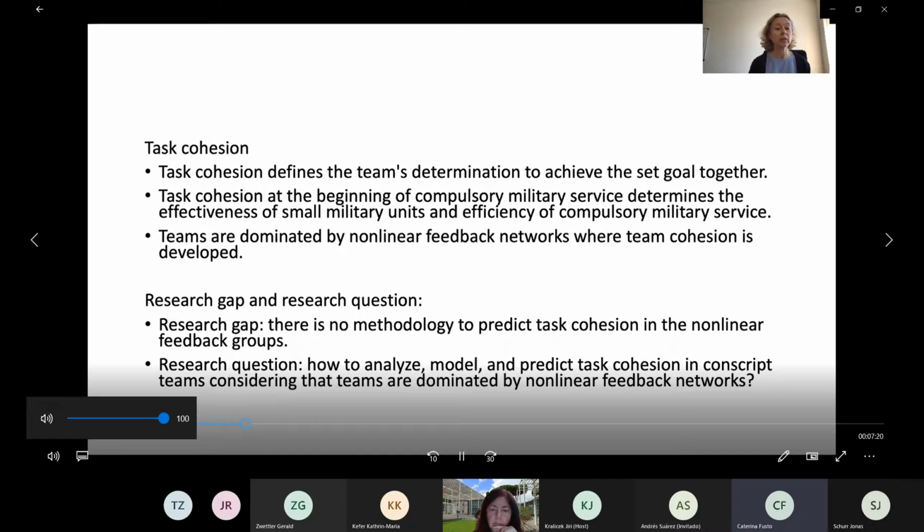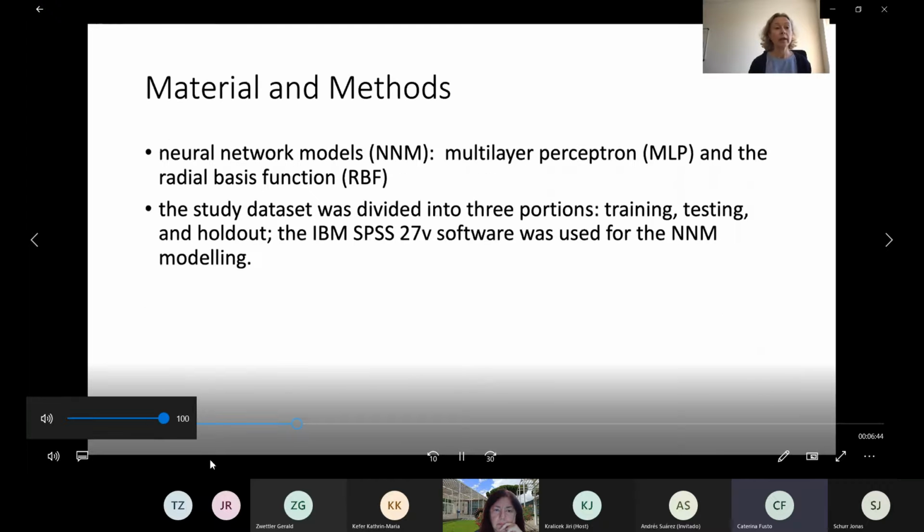Taking all this together, we identified the research gap: methodologies from the social sciences do not allow predicting task cohesion in nonlinear feedback groups, and therefore artificial neural networks could be applied. Our research question is how to analyze, model, and predict task cohesion in conscript teams, considering that teams are dominated by nonlinear feedback networks.